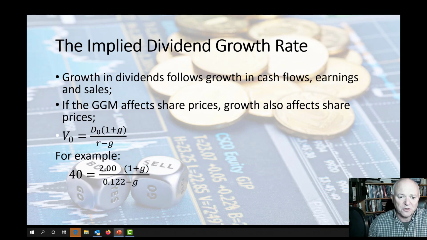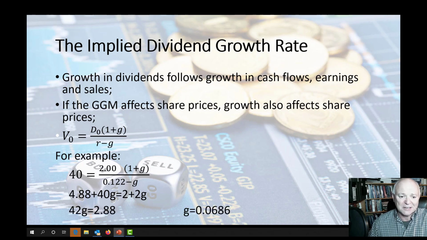and we want to know what our growth rate is, we would do this algebra and solve for the things that we do know. And we do know that 0.22 divided by 0.122 plus 40 times g is equal to 2 plus 2g, and then we solve for that.